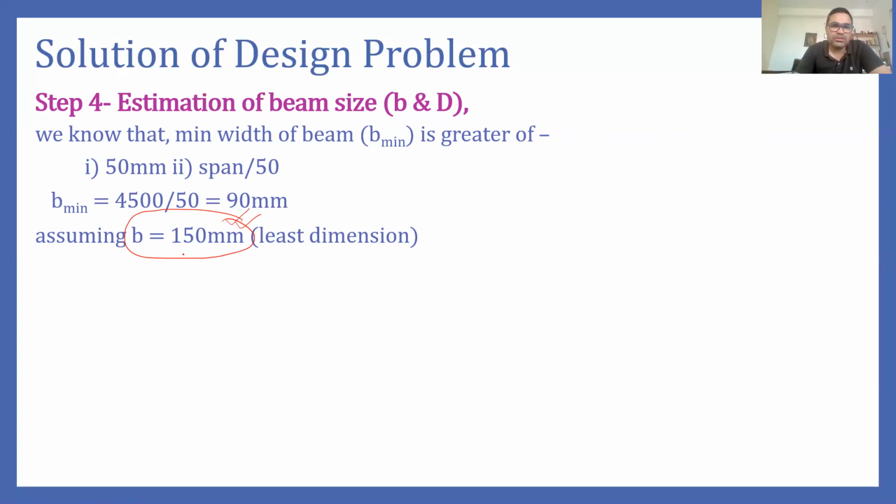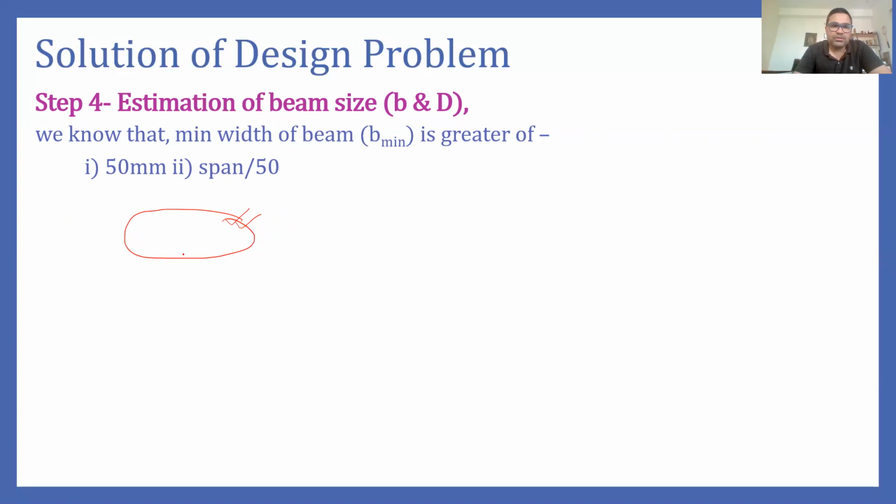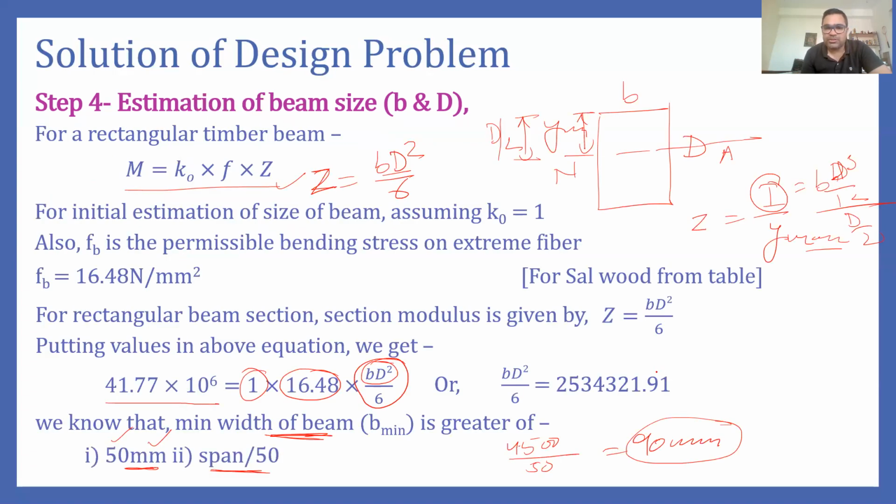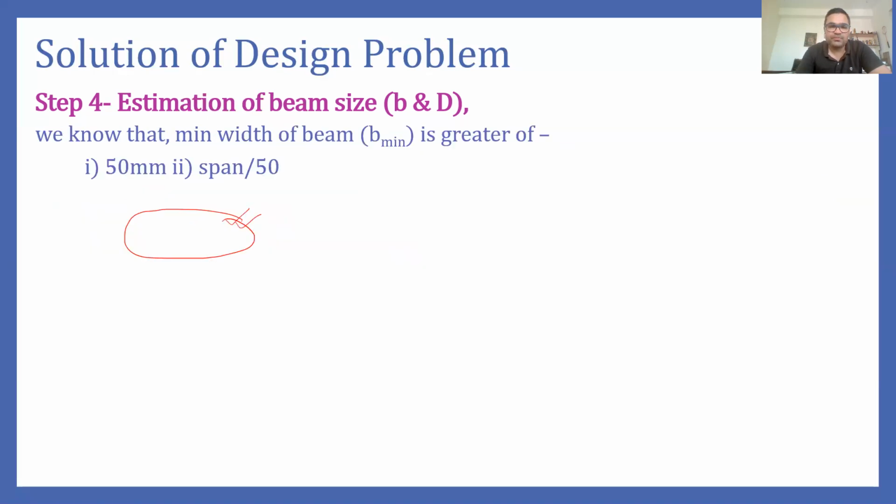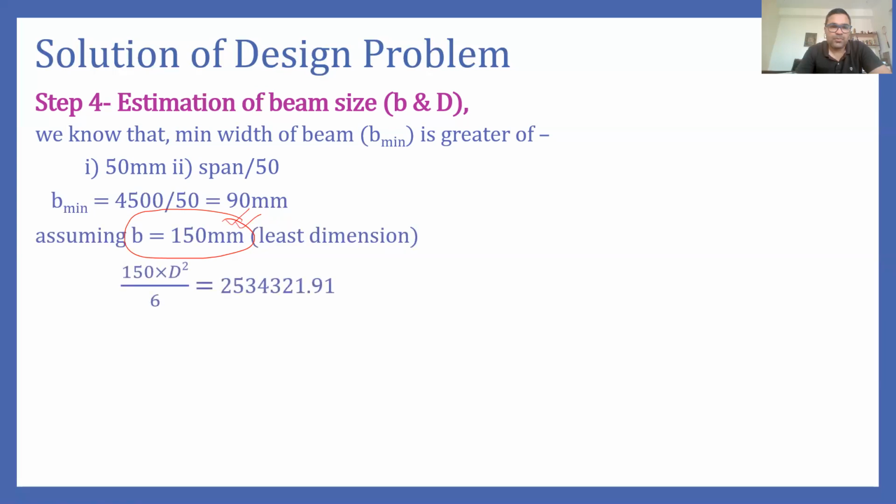Now we can put this B value in this equation, and we can calculate the value of D. This equation gives us the value of D as 318 mm.